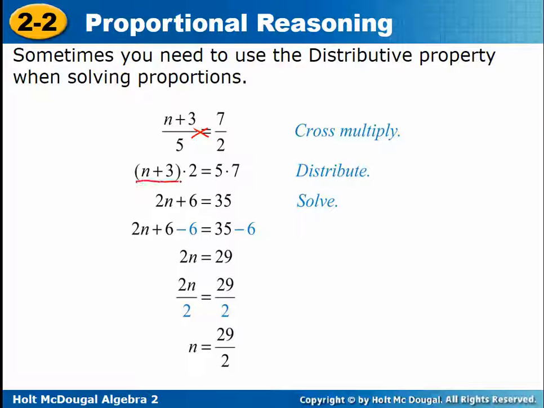And now we have to use the distributive property to simplify the left side of this equation, which we did in the last section, so no big deal. 2 times n plus 6 is equal to 35. Now we just have a two-step equation. We'll subtract 6 from both sides. 2n equals 29, divide by 2, and we get our answer. You can leave it as 29 over 2. You can change it to a decimal if you prefer.